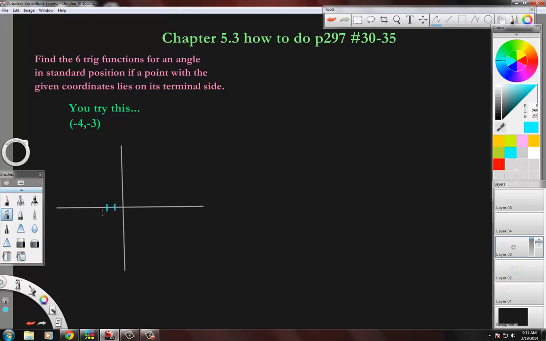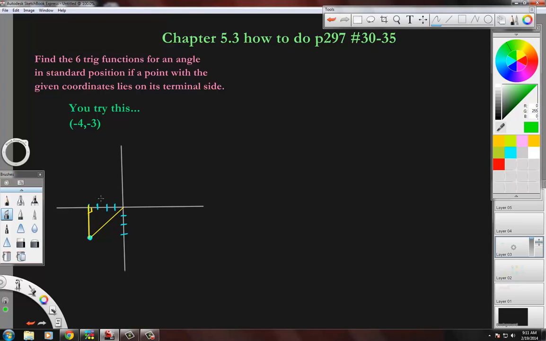So that would go over 4, down 3, to that point right there. And then you take that, connect it to the origin, and then take the tip of this thing where the point is, connect it to the x-axis. Always to the x-axis. Never connect it to the y-axis. Never.